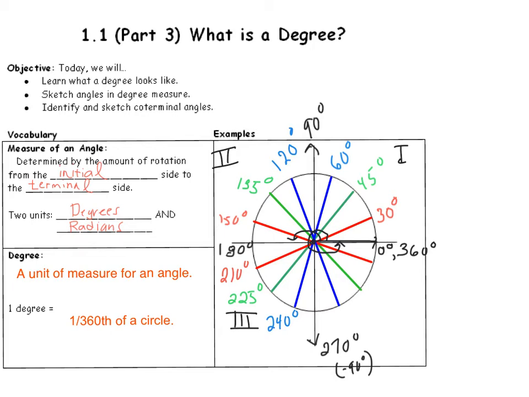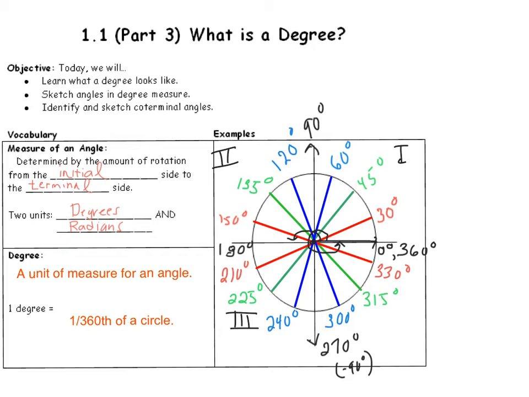If I take 270 and add on 30 more, I'm at 300. Add 15 more on, I'm at 315. Couple ways you could look at this last one. I could add 15 more on and get to 330 degrees, or I could just come back 30 from 360.